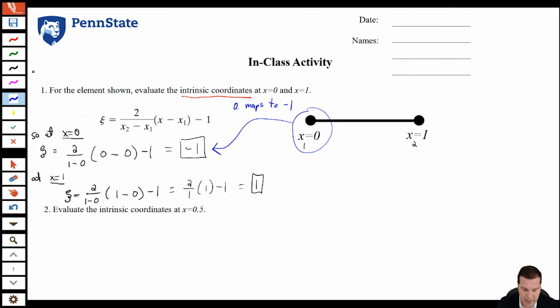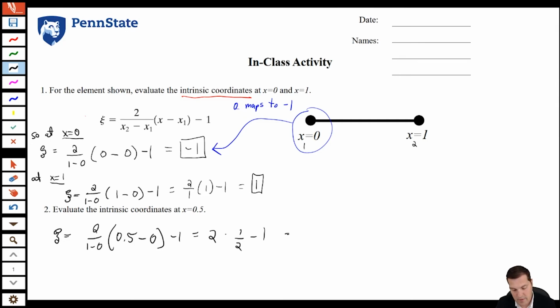So do you want to take a guess at where 0.5 would be? Where do you think that would be? Let's compute it. So psi is equal to 2 over (1 minus 0), times (0.5 minus 0), minus 1. That's going to be equal to 2 times 1/2 minus 1, and that's equal to 0. Interesting.